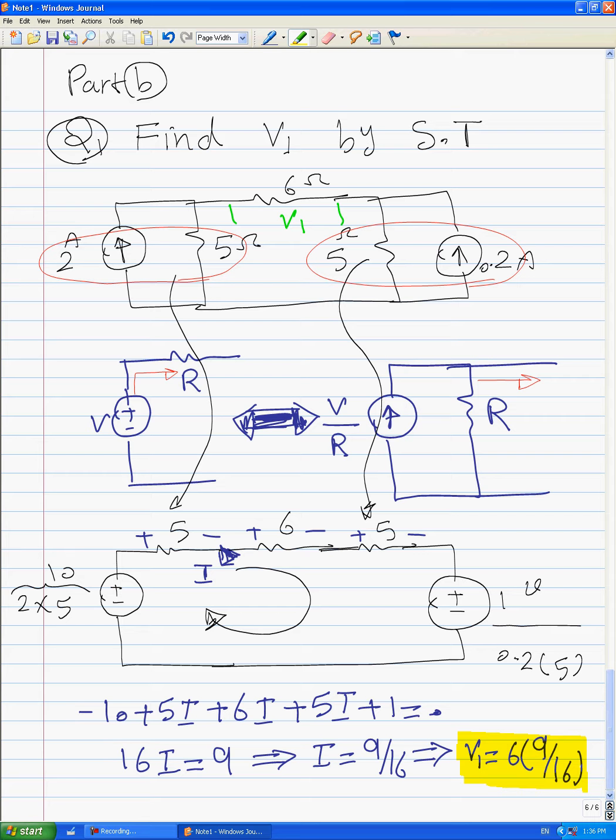It's very important for this question. You solve this question, for example, by a superposition technique and compare your answer with our answer. Next question again covers source transformation method.